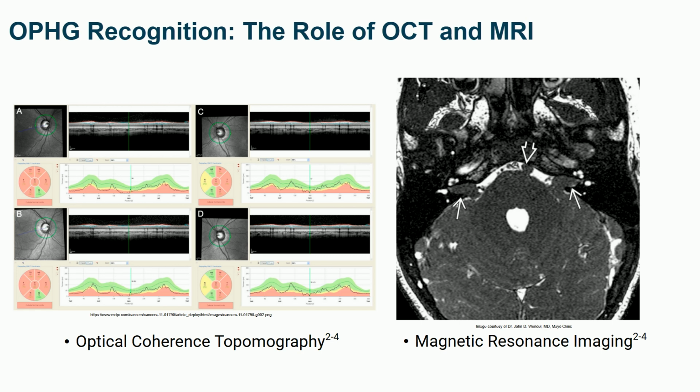And the confirmation is done via OCT and MRI. I will touch very briefly on OCT, and we're very fortunate to hear from Dr. Davis' lecture later today, where he will discuss a lot more than I can tell you about OCTs. But these are the two next steps for diagnosing and ruling out an optic pathway glioma: OCT and MRI. Right here in the MRI, you can observe the glioma growing along the optic pathway.